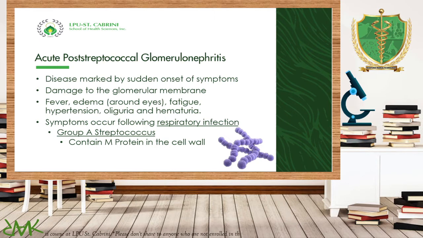Now, the question is, why is there oliguria? Oliguria means there is a decrease in the volume of urine or urine output. It is because of the deposition of immune complexes in the kidney, in the glomerulus.